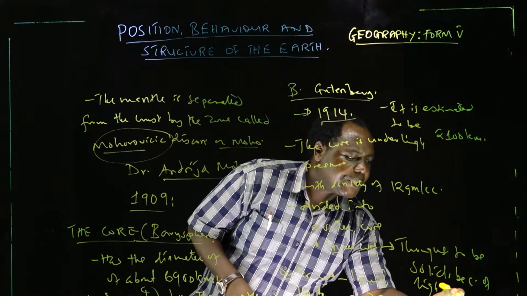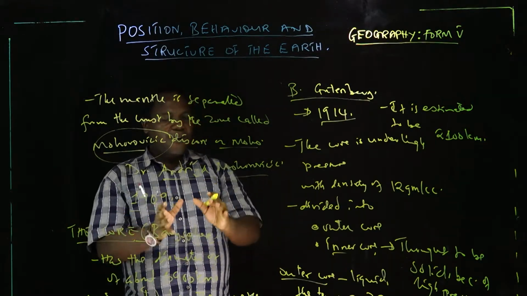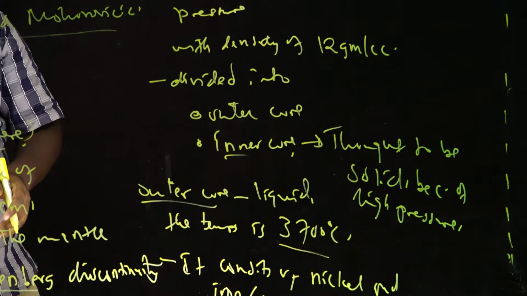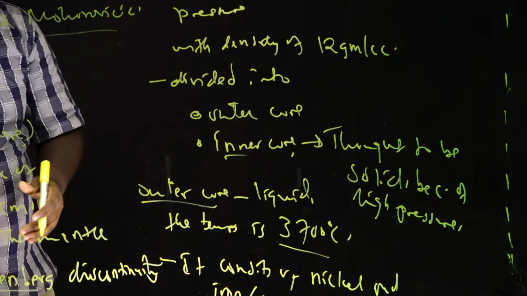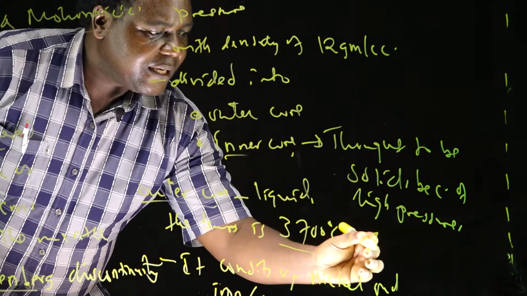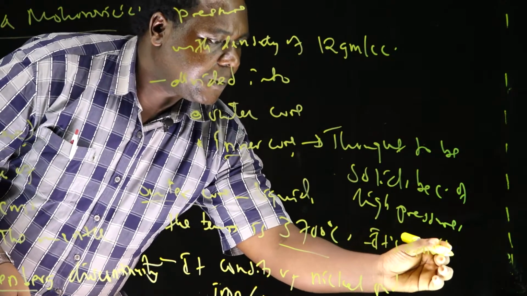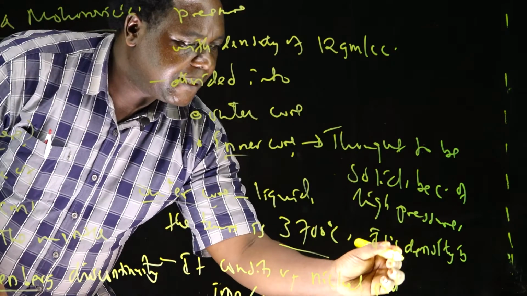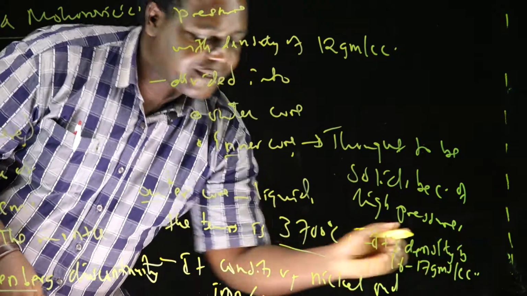The outer core is liquid, but the inner core is solid because of the high pressure compressing it, and its density is about 16 to 17 grams per cc.